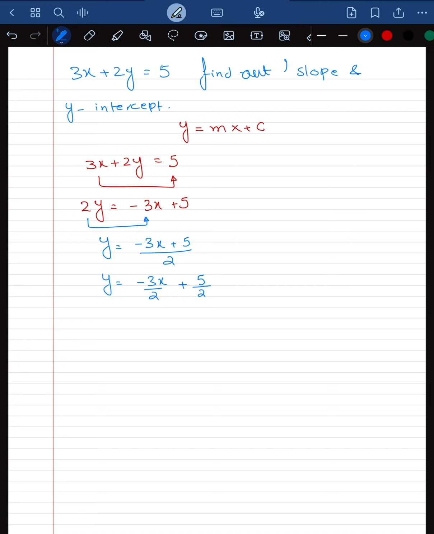So now if you compare it with the standard form, we have made y the subject of the formula. We have the standard form y is equal to mx plus c. So whatever is written with the x is the value of m.